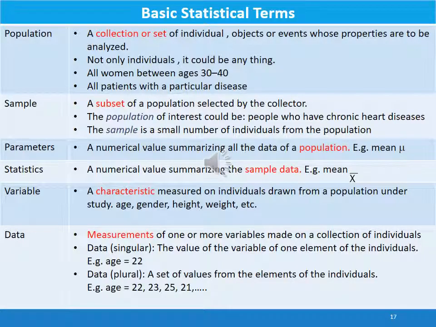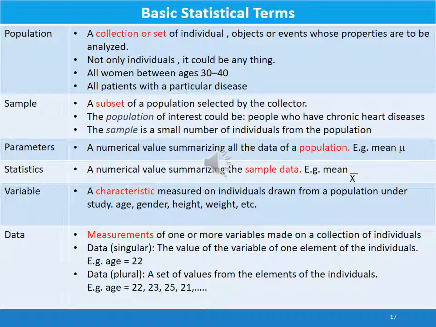This table summarizes the basic statistical terms for population, sample, parameters, and statistics, the meanings of which are explained in the previous slides. The two new terms we will have to learn here are variable and data. Variable is the characteristics measured on individuals drawn from a population under study.